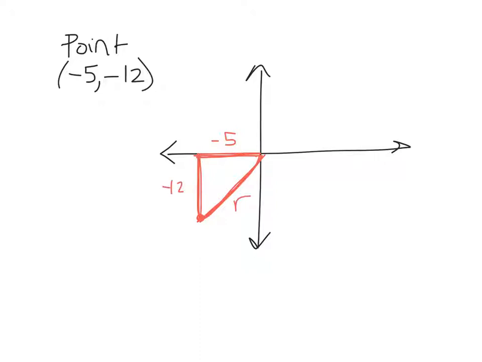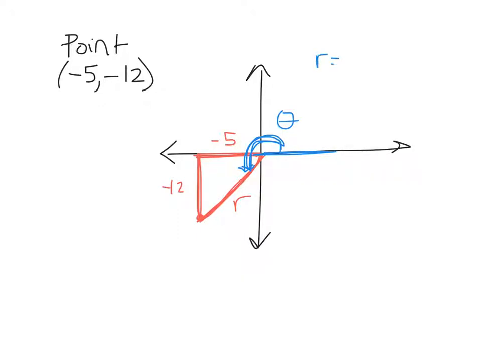And then I can find r using the Pythagorean theorem. I know my principal angle is all the way from my initial arm, which is over here, all the way to my terminal arm. So that's my theta that I'm trying to figure out.